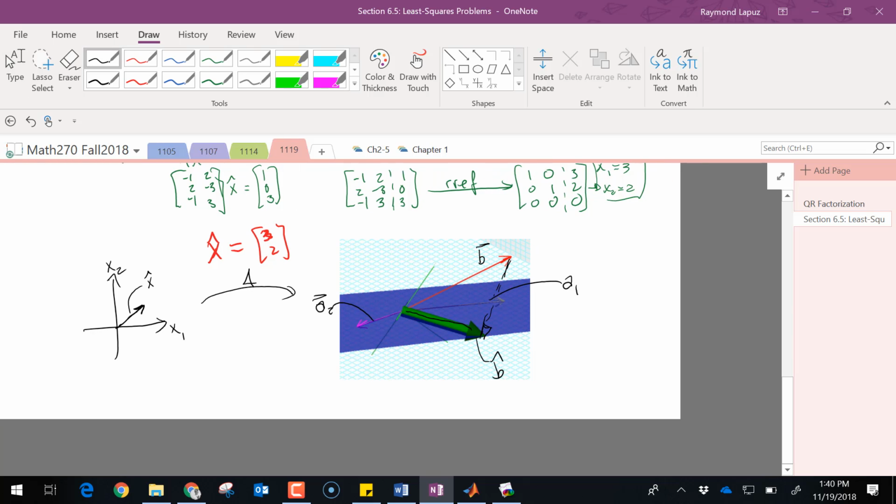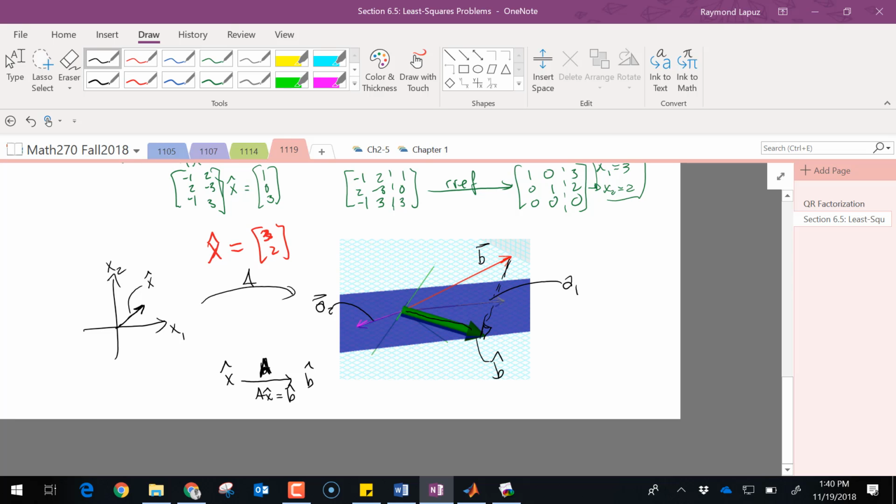This is the vector that gets sent. This X hat goes into B hat via this linear transformation A. So we can think about this as a linear transformation from x1, x2 to the xyz. And then what this is saying is that essentially A x hat is equal to B hat.